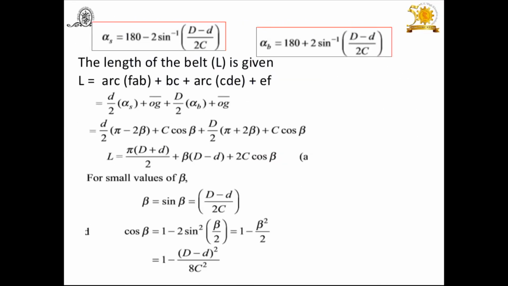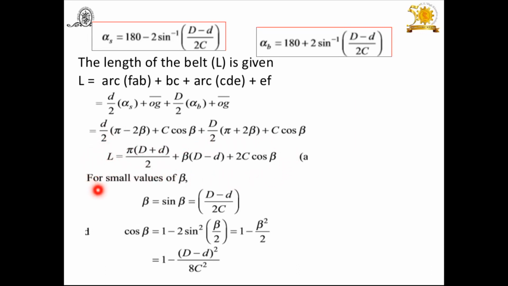After substituting these values of arc FAB means R into theta, that is D by 2 into alpha S, plus OG bar is the length, then again another arc R into theta, that is D by 2 into alpha B, plus OG. Substituting all these values, at the last we will get this expression.